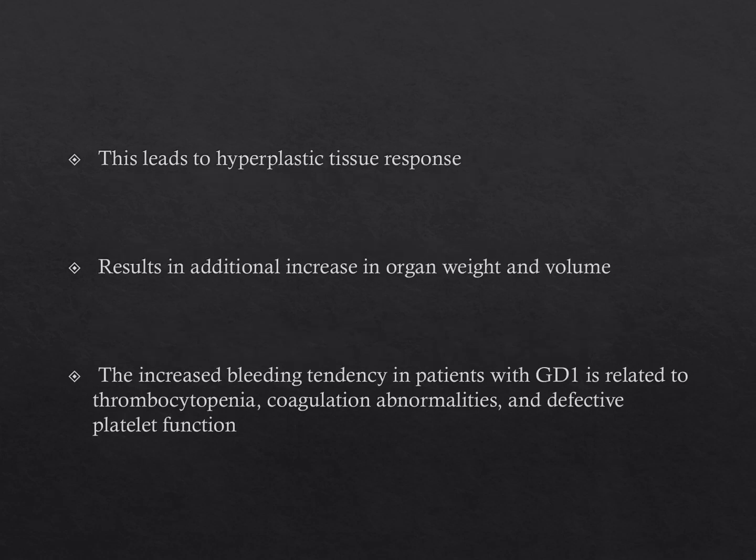As mentioned earlier, the interleukins will in turn lead to a hyperplastic tissue response with the macrophages getting accumulated within these organs, and this results in additional increase in organ weight and volume, especially in the liver and also the spleen, and the increased bleeding tendency in these patients, especially with Gaucher disease type 1, is related to thrombocytopenia, the coagulation abnormalities and defective platelet function.